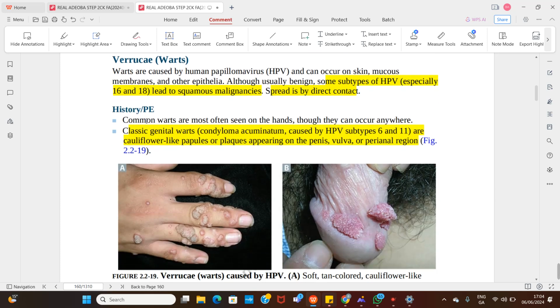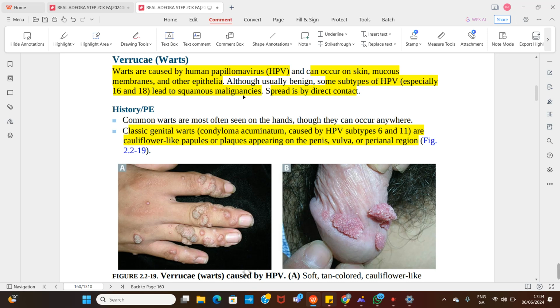Then moving on to the warts. Warts are caused by the human papillomavirus. They usually affect the skin and the mucous membrane, and they can affect other epithelia and lead to malignancy.